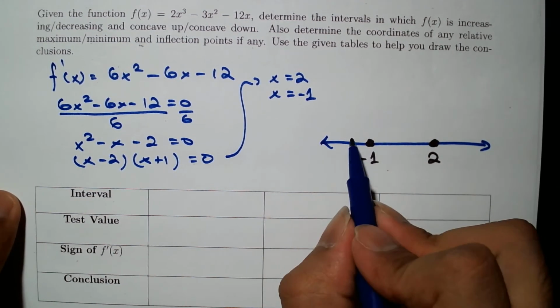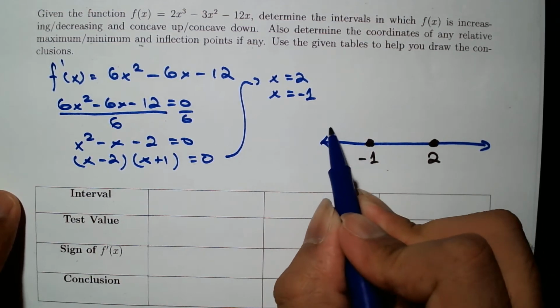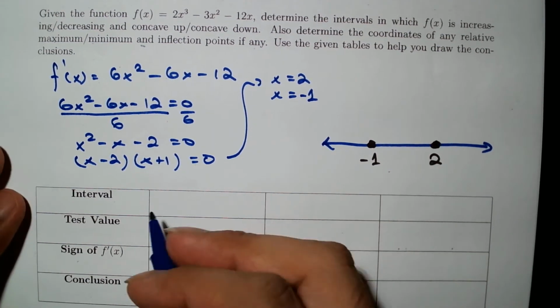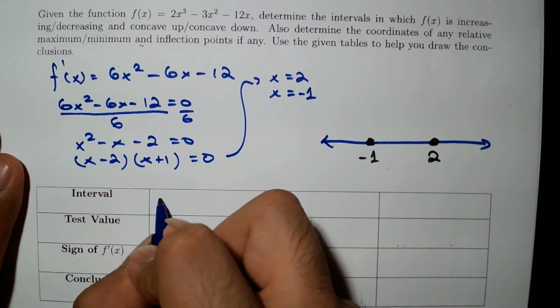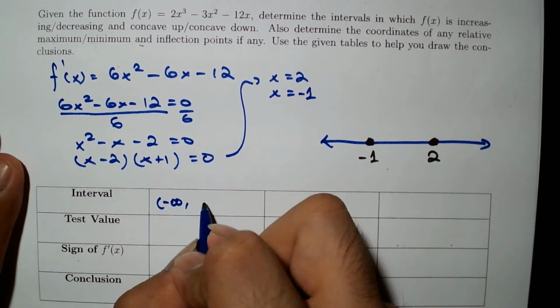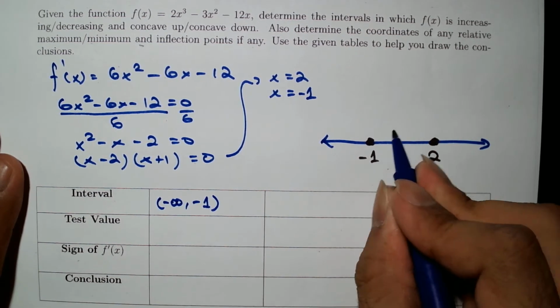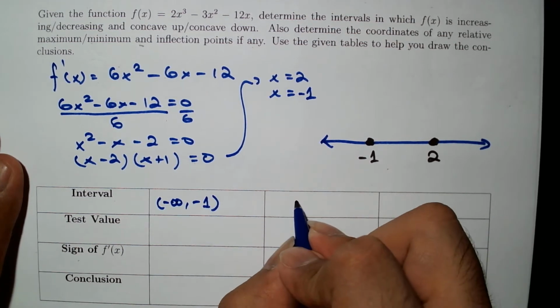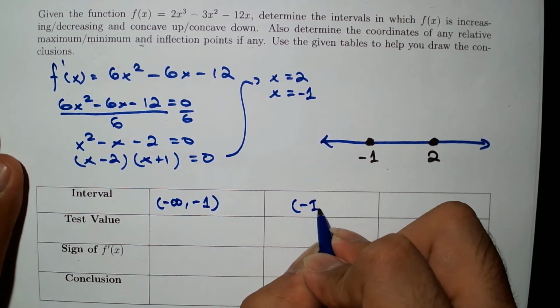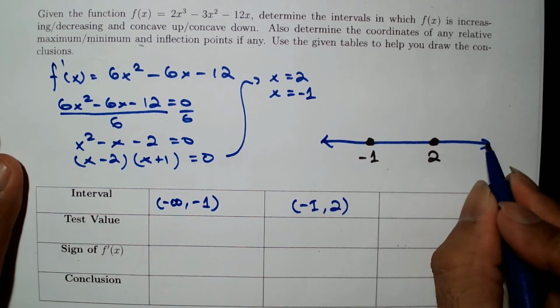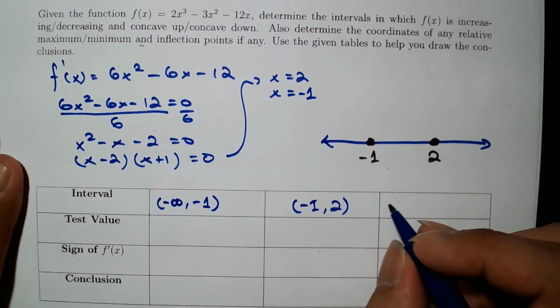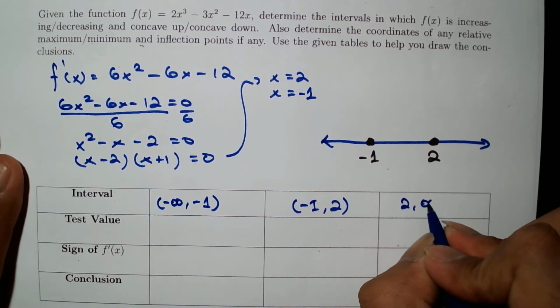The first interval is from negative infinity to negative 1. The middle one goes from negative 1 to 2. And the last interval goes from 2 to positive infinity.